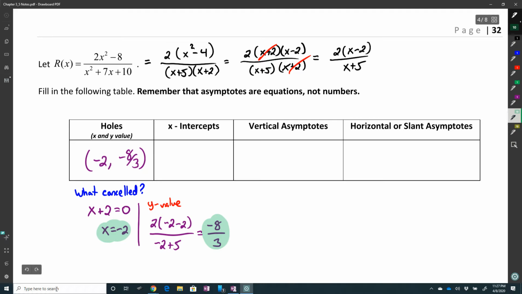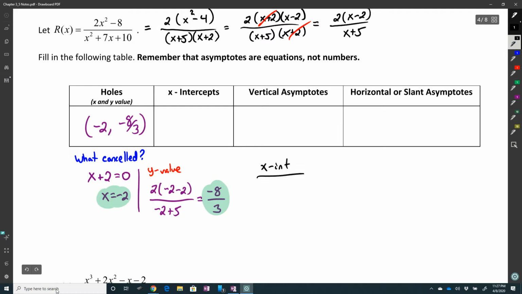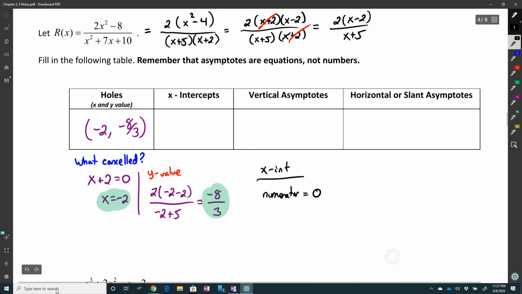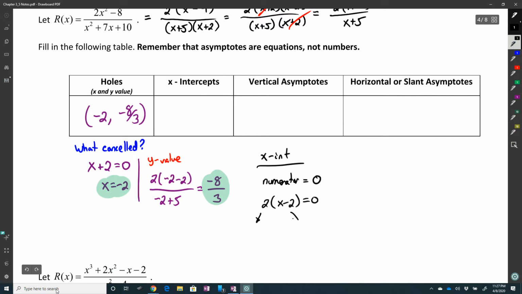All right, so for x-intercepts, it's just the numerator equals 0, but the numerator of the simplified form. So 2 times x minus 2 equals 0. That 2 doesn't do anything. It's just 2 equals 0, which doesn't make any sense.